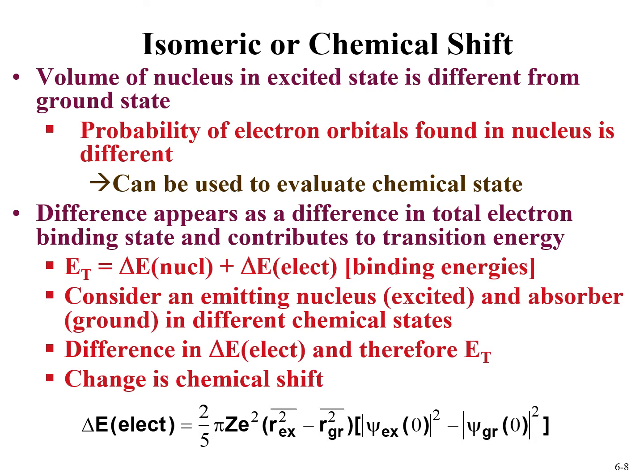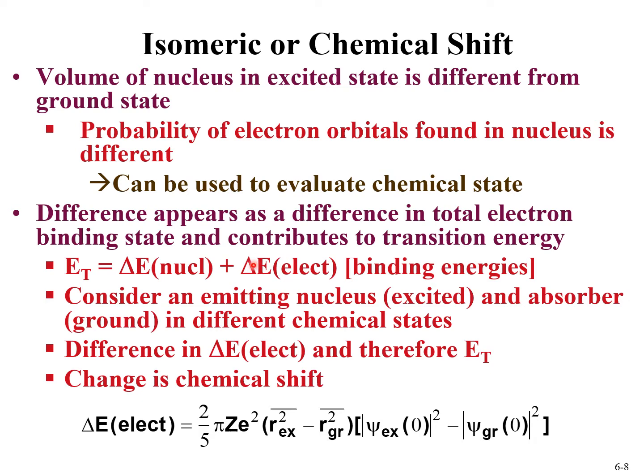Something else that is unique and important for Moessbauer spectroscopy is the fact that you're using a nuclear interaction to probe a chemical state. And this is because you have a probability of orbital electrons being found in the nucleus. This energy can be broken into a nuclear and a binding energy component.